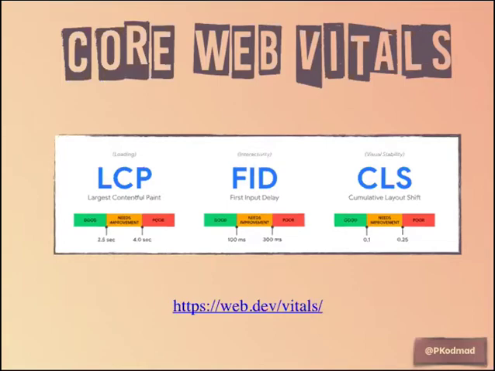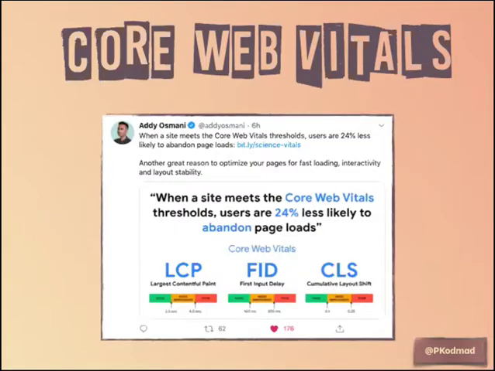So I'll break this down for you in this talk later. Also, if you follow Addy Osmani, he typically tweets all about this, he's in the team that's implementing all of this, I suppose. And they have solid research that says that if you're within the core web vital thresholds, your websites are doing better.